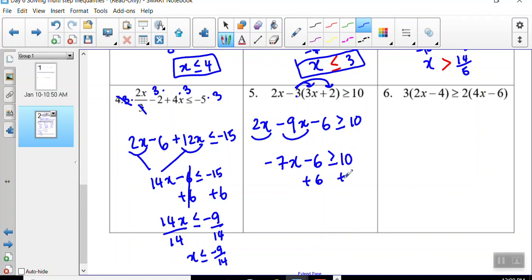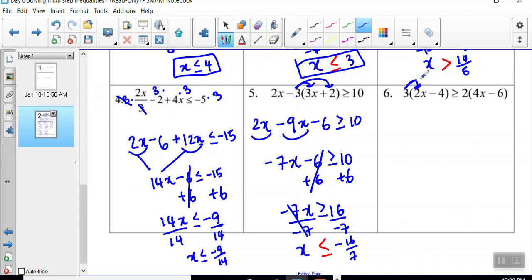Plus 6 on both sides. Bring down negative 7x. Negative 6 plus 6 cancelled. 10 plus 6 is 16. Divide by negative 7. Because you're dividing by a negative number, you have to flip the symbol. Negative 7 divided by negative 7 cancels, x. Negative 16 over 7.